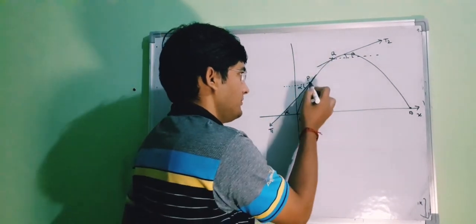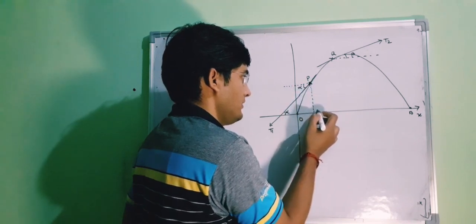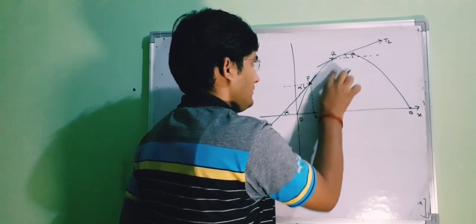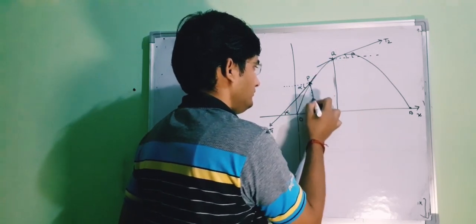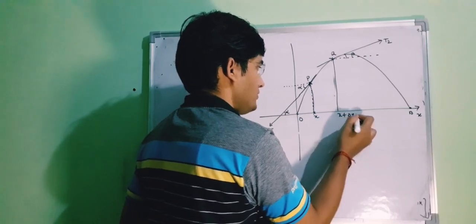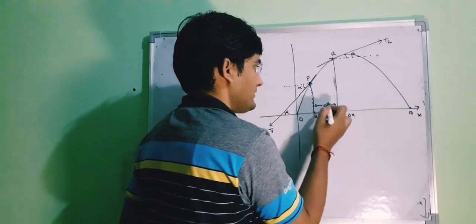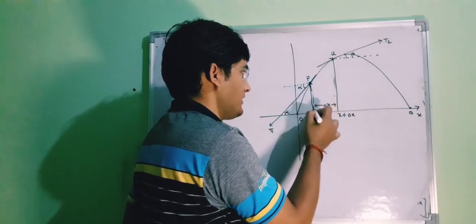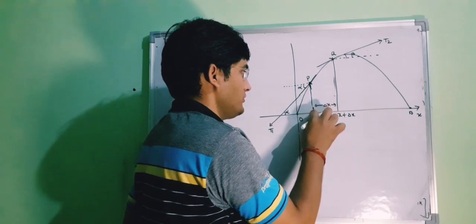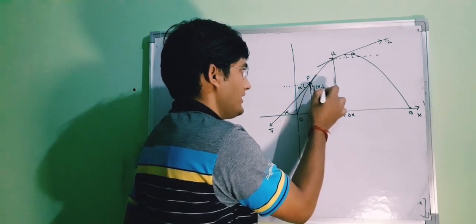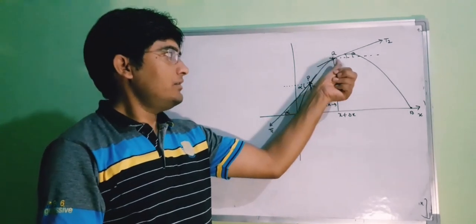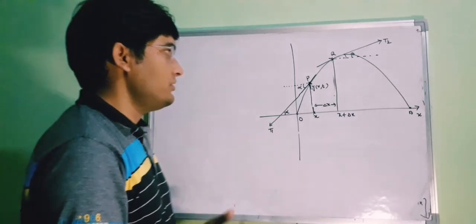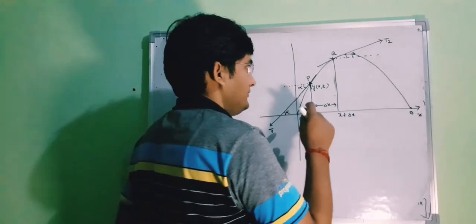Now suppose that this point is x and this is x plus delta x. So that means this is delta x. Now let us assume that the deflection at this point P is y(x, t), and the deflection at the other point will be y(x plus delta x, t plus delta t).